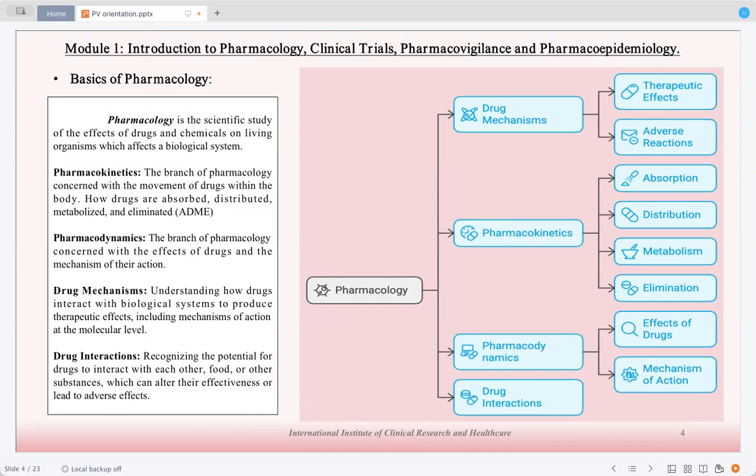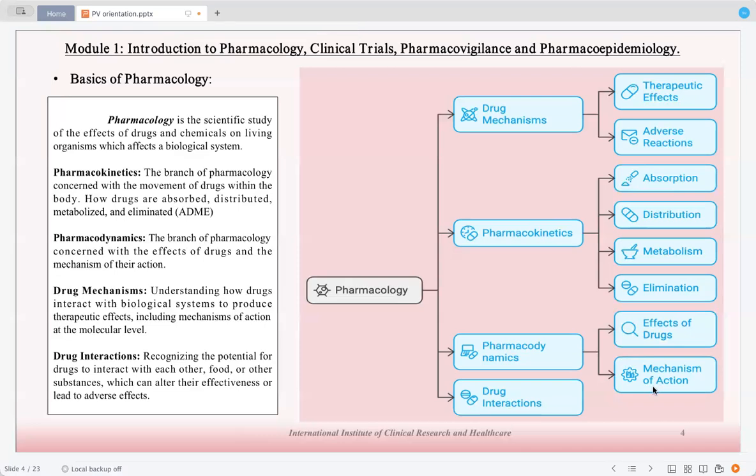The branches of pharmacology are pharmacokinetics and pharmacodynamics. Pharmacokinetics is what the body does to the drug, that is absorption, distribution, metabolism, and elimination. It's the ADME process. Pharmacodynamics is what the drug does to the body. It's the effect of the drug and its mechanism of action.